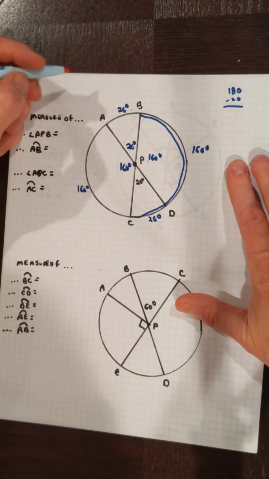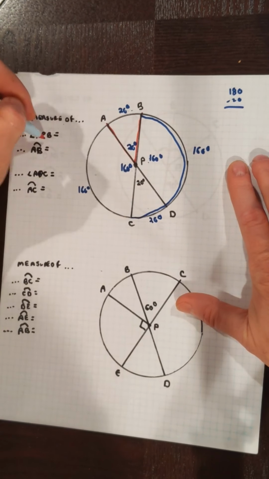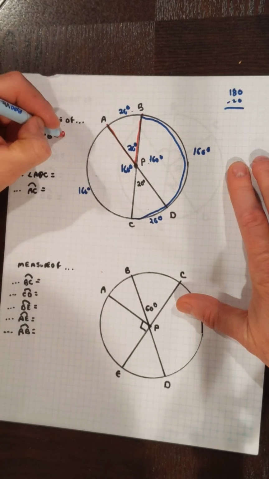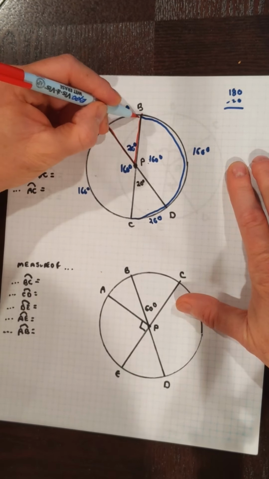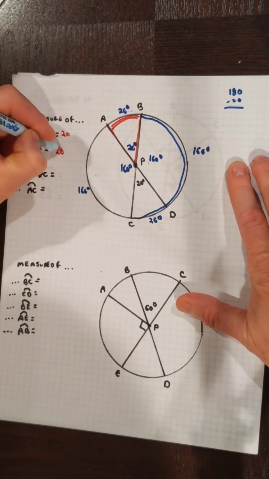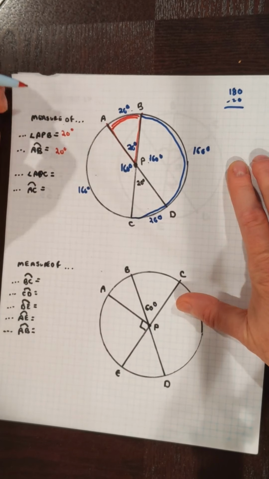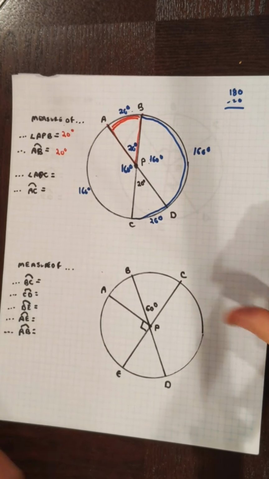APB angle is 20. Arc AB is located here. That's also 20 degrees. Now it says arc ABC. ABC, I'm just getting another color here.